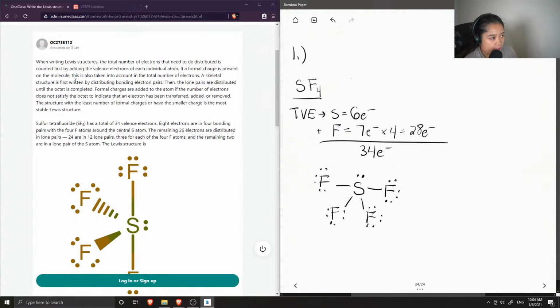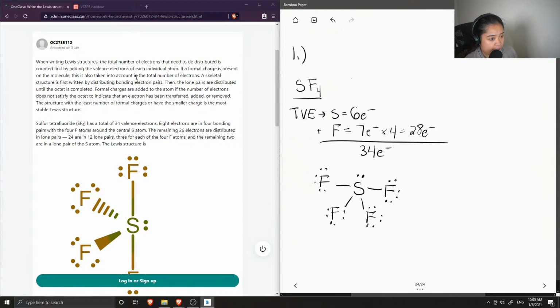When writing Lewis structures, the total number of electrons that need to be distributed is counted first by adding the valence electrons of each individual atom. If a formal charge is present on the molecule, this is also taken into account in the total number of electrons. Skeletal structure is first written by distributing bonding electron pairs.